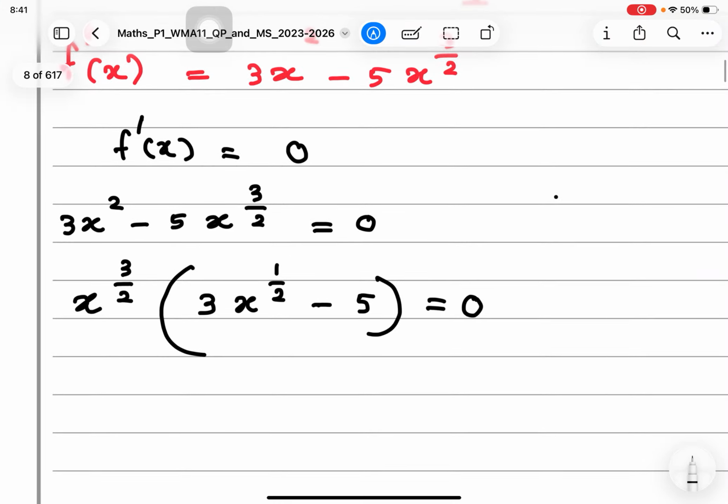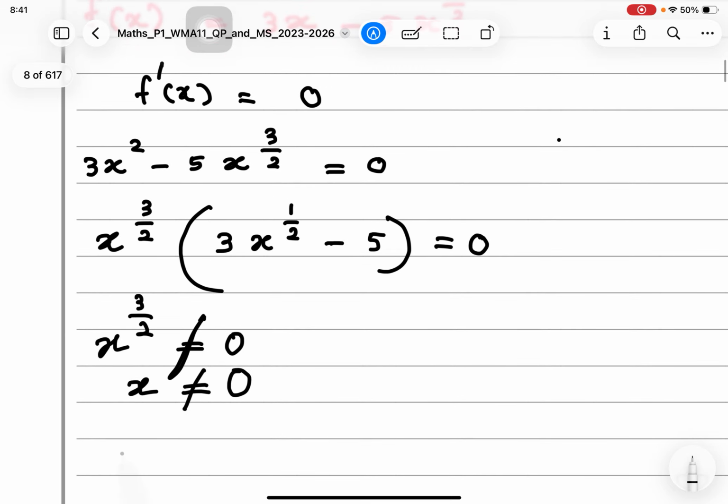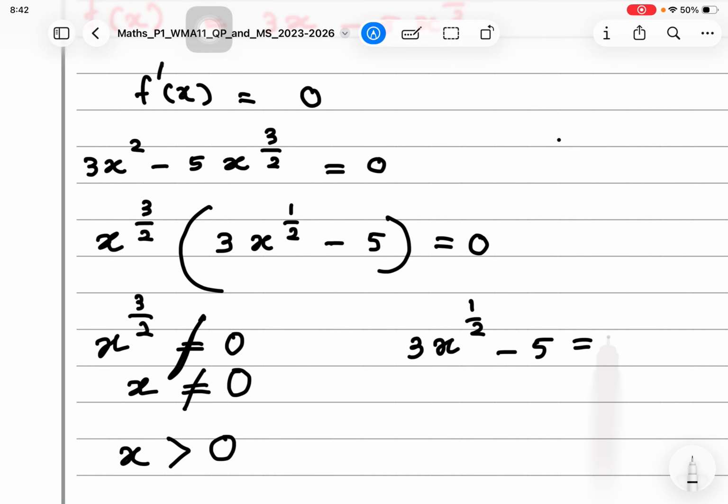The first factor could be 0, but this cannot be 0 because x is not 0, because x is more than 0. So this cannot be an answer. The other option is 3x to the power half minus 5 being 0.